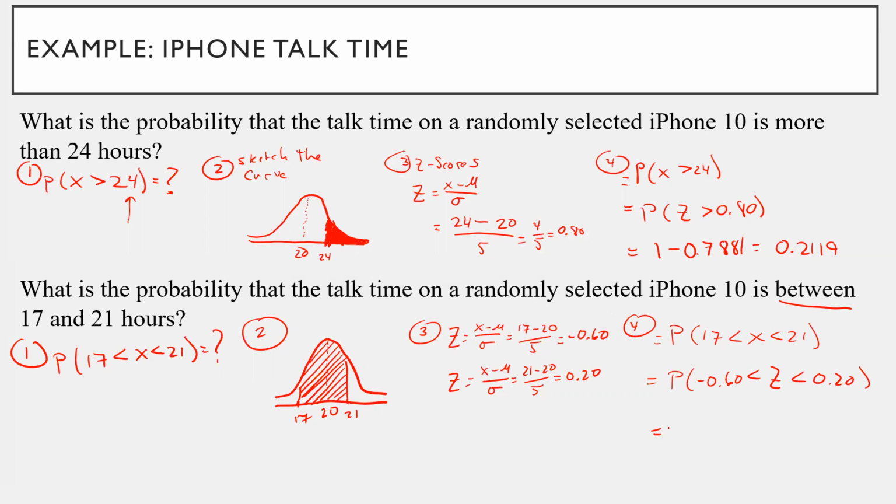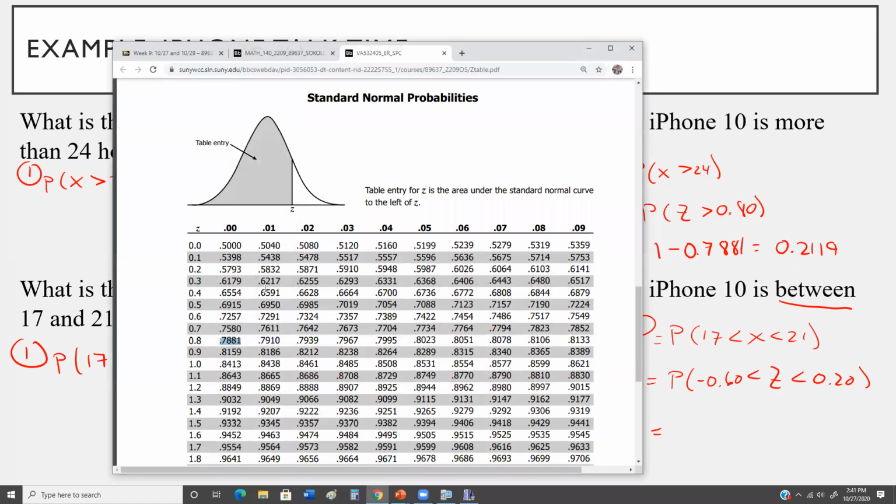Well, I forgot. How do you find an area between two numbers? Yep, you got to look up the areas and subtract them. So you start by looking up the higher z-score. So that's 0.20.